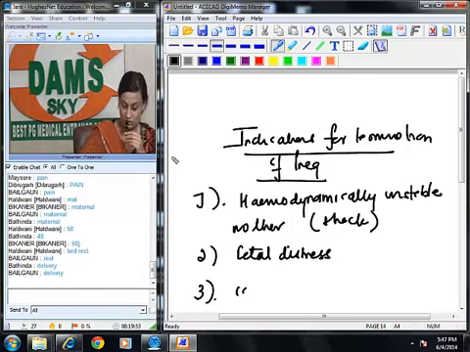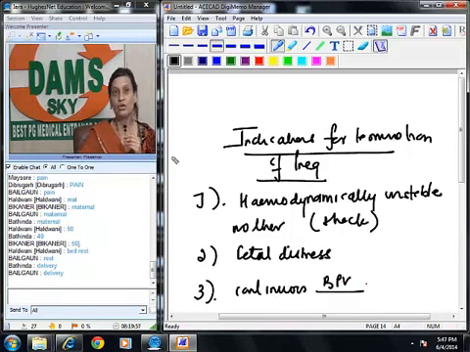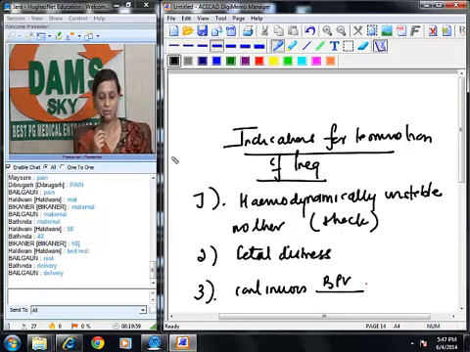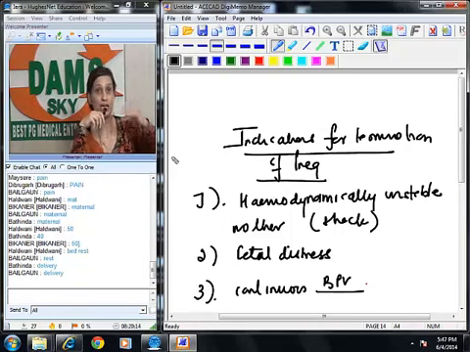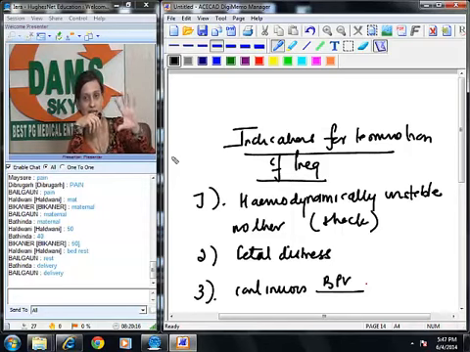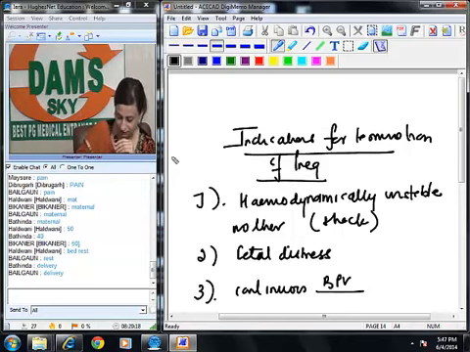Third indication, continuous bleeding PV. So what happens is that you initially keep a patient of placenta previa on bed rest, and if she keeps bleeding, there is only one management, and that is to take out the cause, and the cause is the placenta itself. So continuous bleeding PV is another indication.